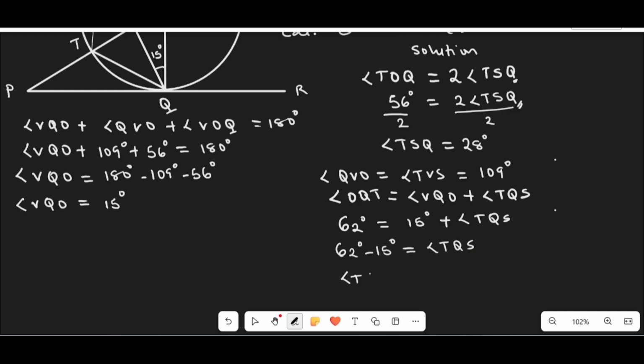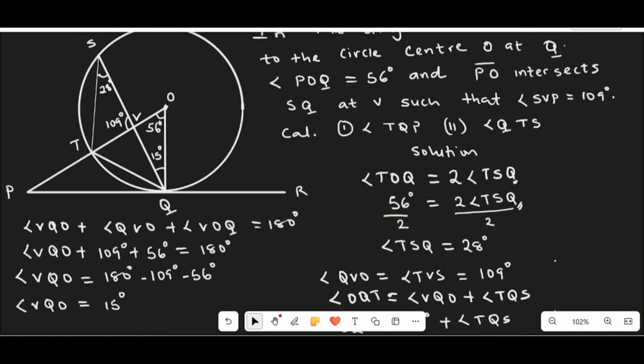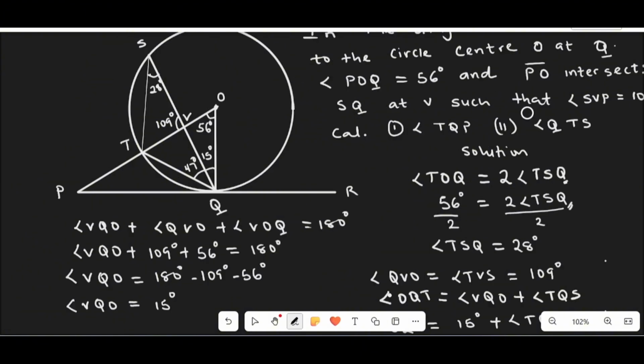Angle TQS equal to 47 degrees. So this angle is 47 degrees.